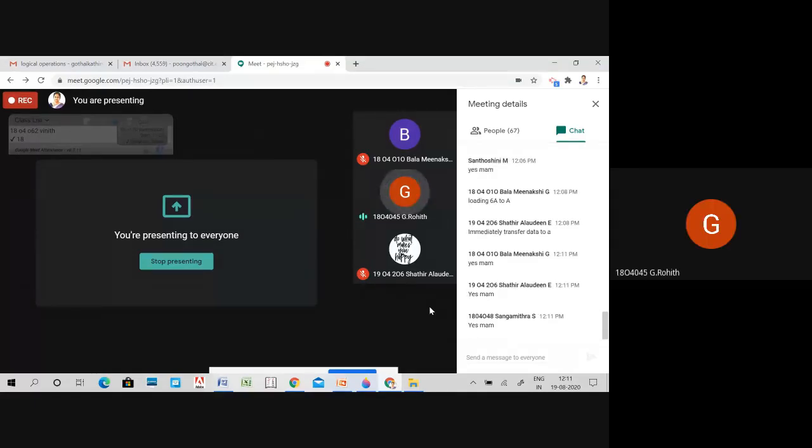Why do we call 74 the opcode, ma'am? Actually, it is pre-designed. Every instruction contains one opcode. Using that opcode, your microcontroller will understand the operation. If we have a command like move B comma some value, will it be 74 again?